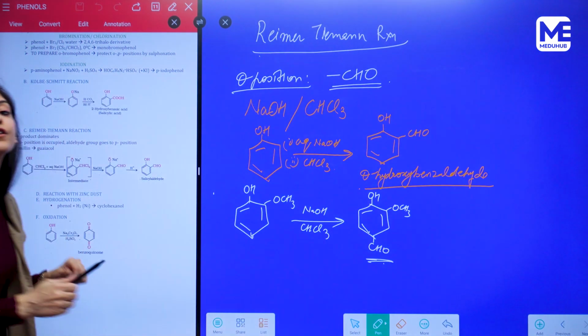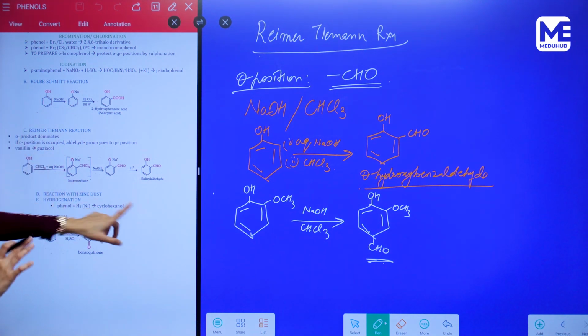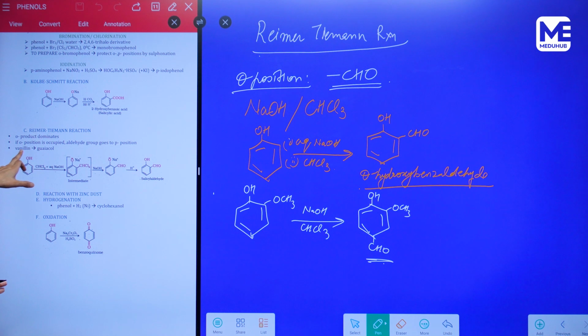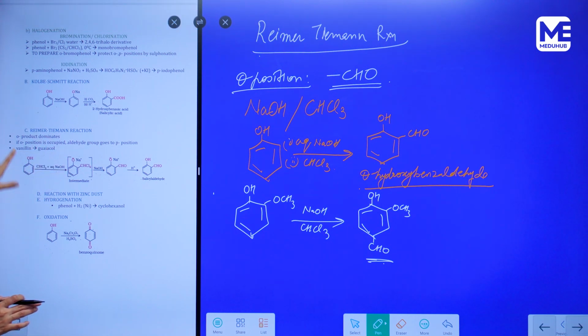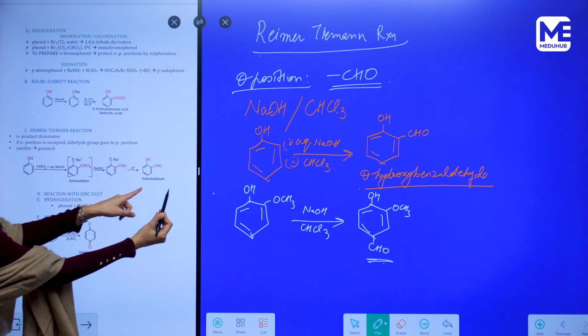So majorly the ortho position is preferred, but if it is occupied, the CHO group goes to the para position. That we can see from this example where vanillin gets converted to guaiacol. And this is how the reaction proceeds, and upon acidification finally we get this product.